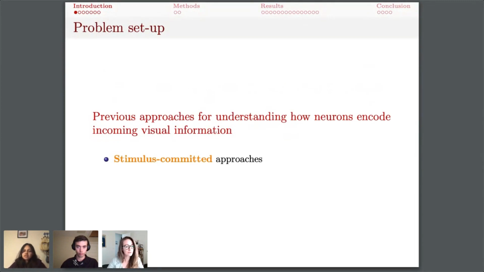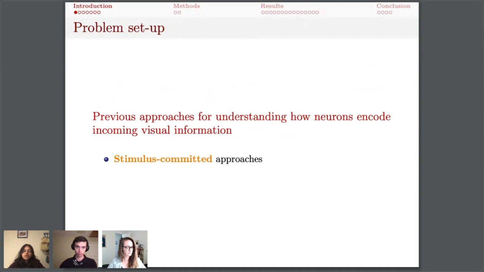A lot of prior work in visual neuroscience has been focused on characterizing neuronal response properties in different visual areas to understand how the brain encodes incoming sensory information. A number of different approaches have been used in the field so far for this purpose.